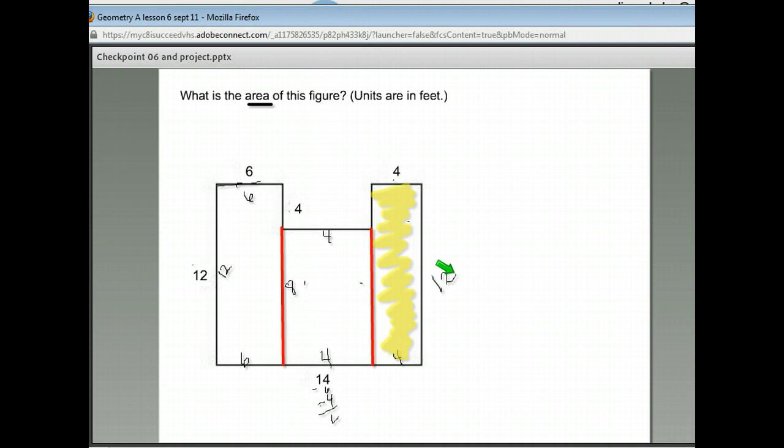Yep, it's the full height and 12. So we have 1, 2, 3 rectangles. Okay, the first one is 12 by 6. That one clear over on the left. The middle one was 8 by 4 for its area. And the one on the far right is 4 by 12. Very good.